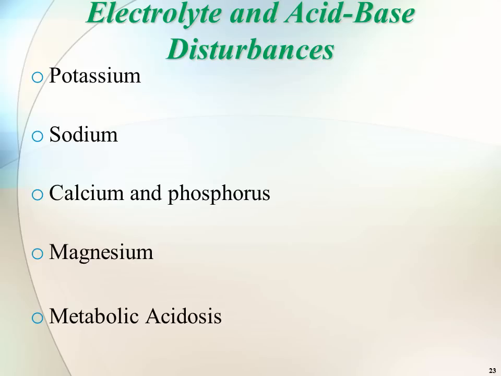Bicarbonate is not on here, but bicarbonate cannot be reabsorbed by the kidney, so we don't have bicarb, and not having bicarb, which is a buffer, is one of the other reasons we're having trouble with metabolic acidosis. And let's talk about metabolic acidosis. So we don't have bicarbonate.